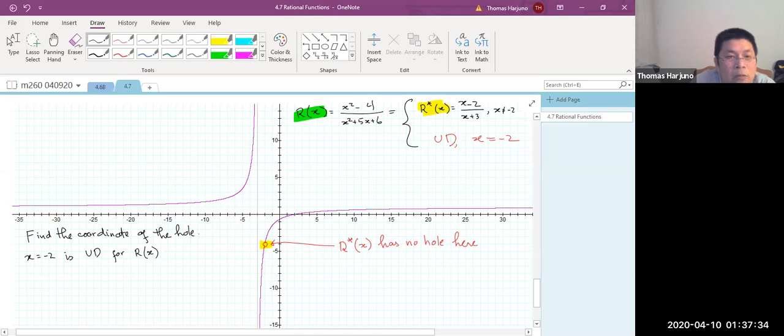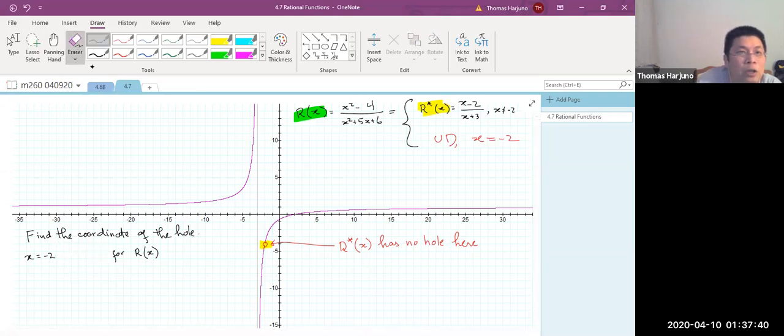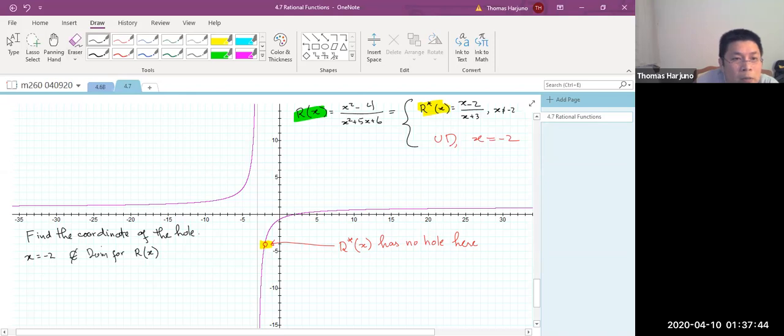I think I should say that x equals -2 is not in the domain of R(x).